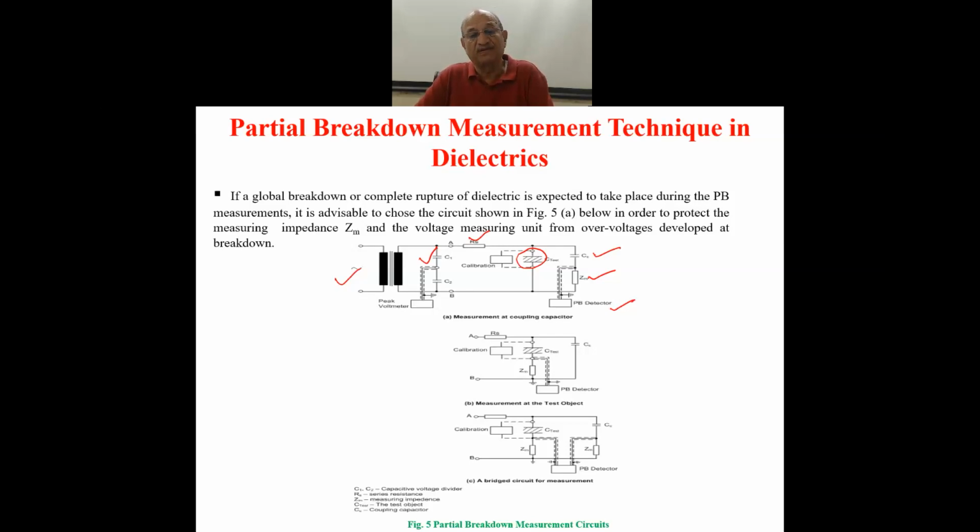According to the magnitude of the current, it can be identified on the PD detector oscilloscope, and the height of the pulse should be calibrated.